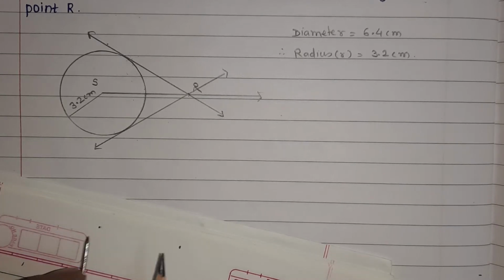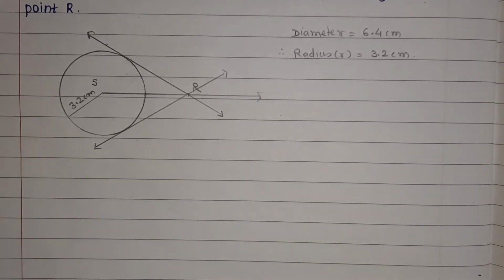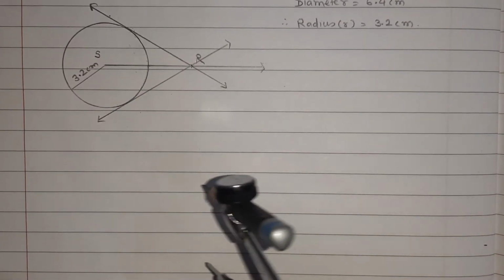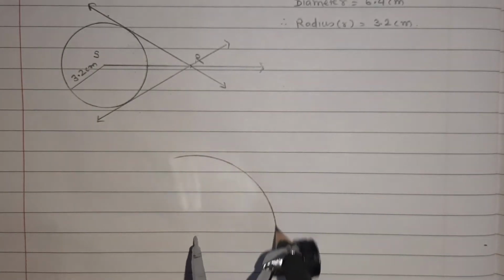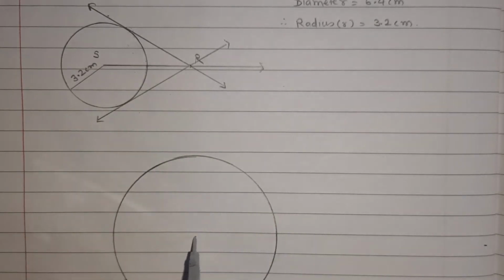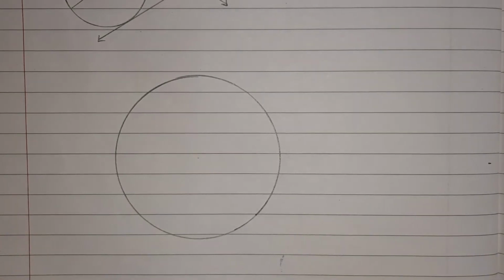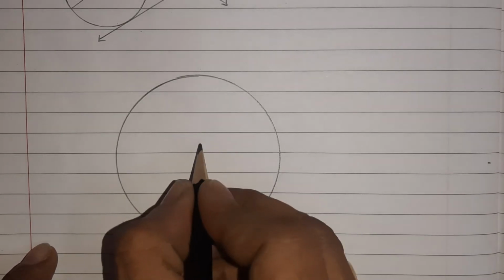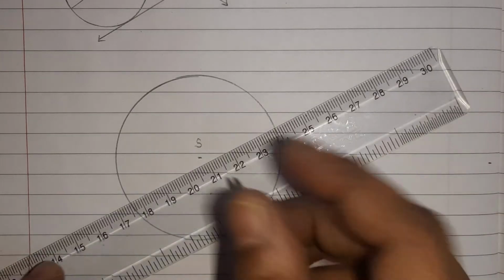Put the metal point on one point and the pencil point on another. Now the distance between these two points is 3.2 centimeter. Therefore, draw a circle of given radius like this. This is a circle of radius 3.2 centimeter. Center, this is S, and radius is 3.2 centimeter.